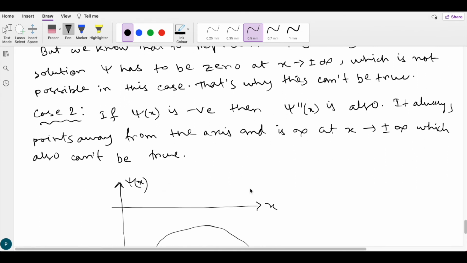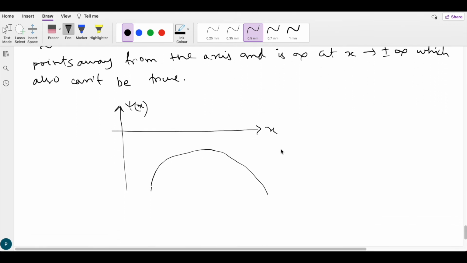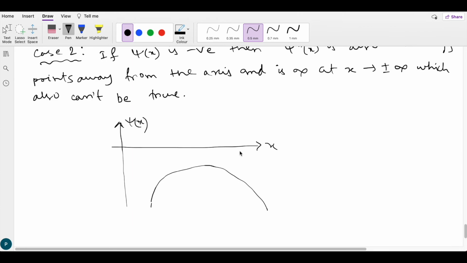And let's talk about the second case. If psi(x) is negative, then the second derivative of psi(x) is also negative. It always points away from the axis and is infinity at plus minus infinity. The same argument goes here.